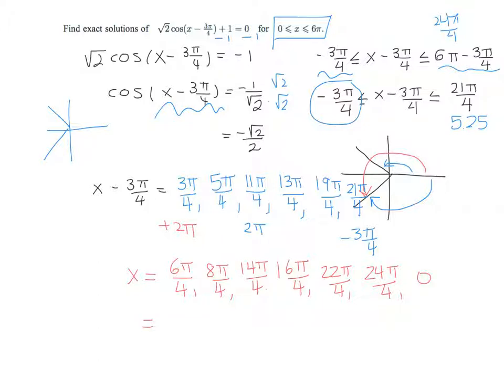Just simplify these answers. So we have 3 pi over 2, 2 pi, 7 pi over 2, 4 pi, 11 pi over 2, 6 pi, and 0. In this case, we have 1, 2, 3, 4, 5, 6, 7 answers.